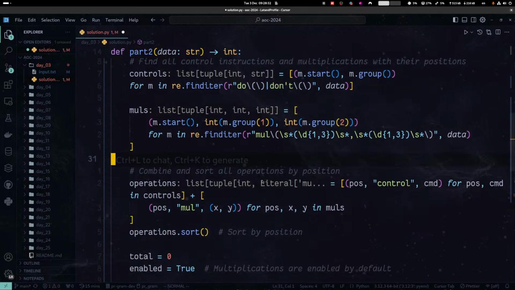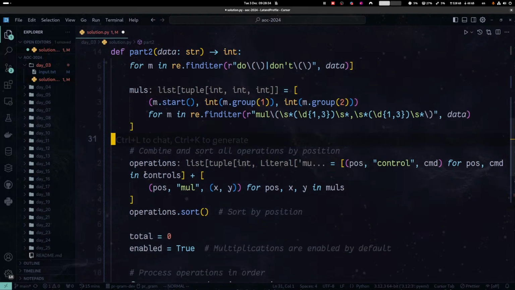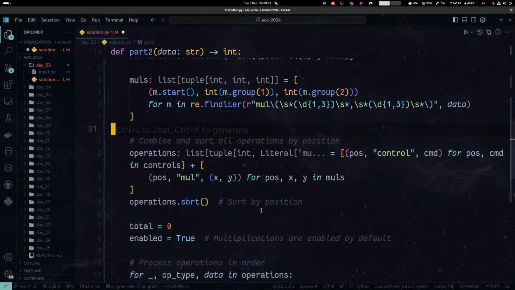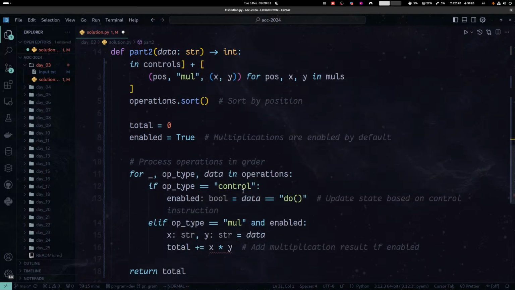Yeah. Then operations, position, control, command in controls, position multiplication, x y for position in mul, operation sort. Oh shit.